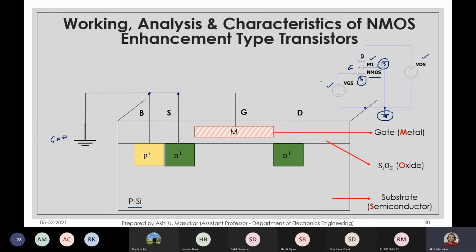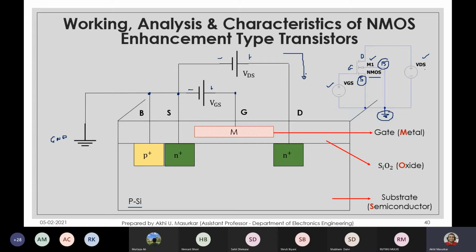Then you can see that VGS is connected between gate and source or body, which are ultimately grounded. So we can show my VGS here. VGS is between gate and source, minus and plus. And similarly, VDS is between drain and source. So I can show my VDS here, plus minus, drain and source.